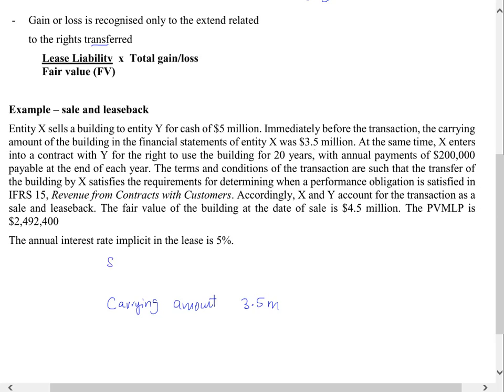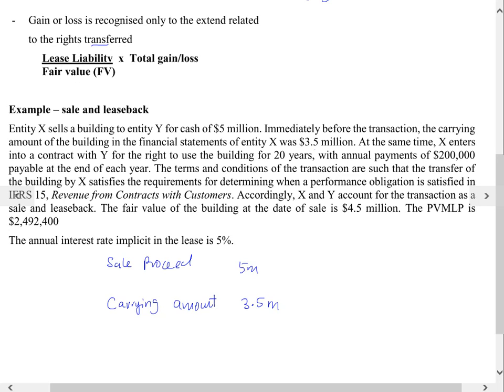And the sale proceed, I sell it for 5 million. At the same time, X enter in the contract with Y for the right to use the building for 20 years. I lease it back with an annual payment of 200 at the end.